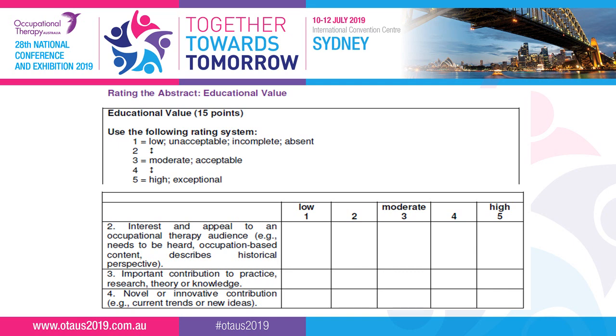The next section is educational value. And so in this section, as raters, we think about what's the bang for your buck that delegates are going to get from attending this particular presentation. So will it have interest and appeal to an occupational therapy audience?